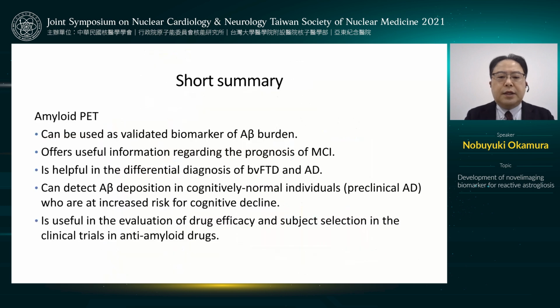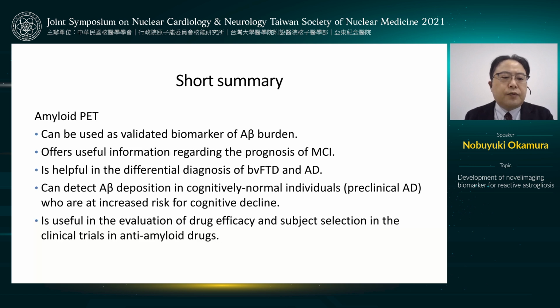So this is a short summary of amyloid PET imaging. Amyloid PET can be used as a validated biomarker of A-beta burden and offers useful information regarding the progression of MCI.